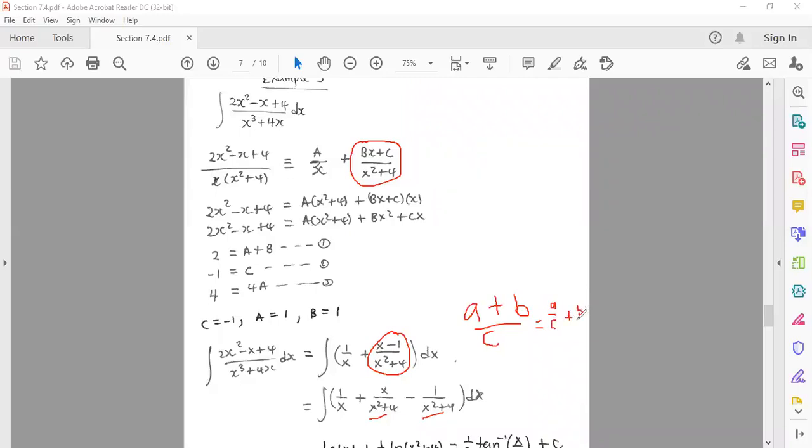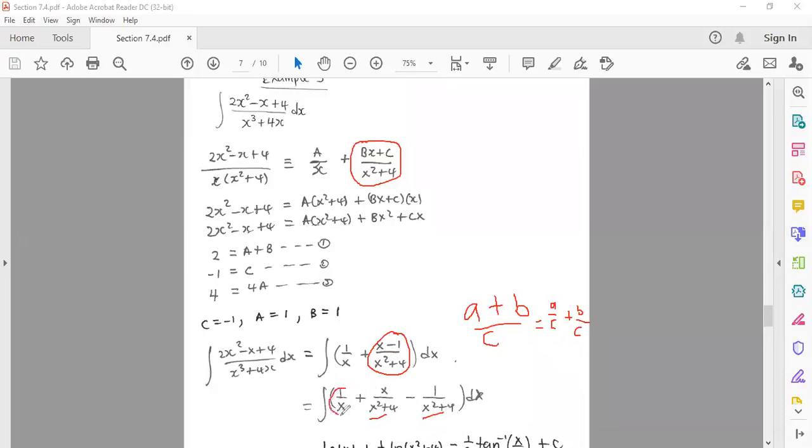So that's the whole idea. Please remember this trick. It's going to help you many times. If you have something like this, just take x over this common denominator minus 1 over this common denominator. Then it becomes something easy to work with.